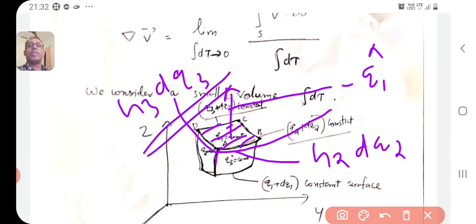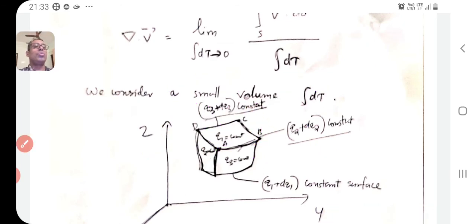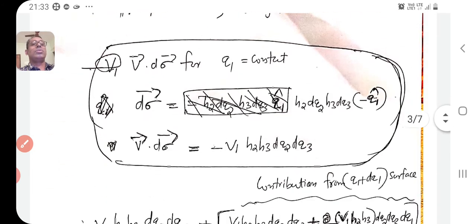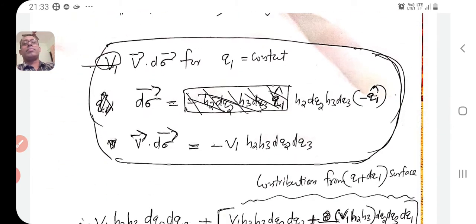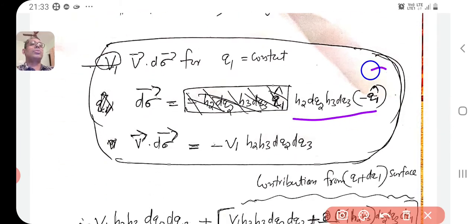So the edges are h2 dq2 and h3 dq3, and the area of the top surface will be h2 h3 dq2 dq3. That's what we have written here, with minus q1, because the area is a vector whose direction is normal to the surface.